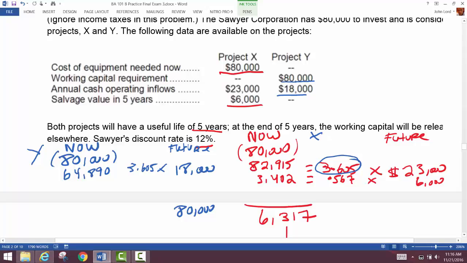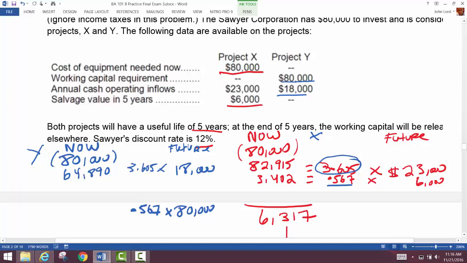Just one payment, so I have to go to the present value of the dollars, sort of like the salvage value coming back, isn't it? So I go back to that same table, and remember it was what? It was 0.567. Do I have to go back to the table to show you how I got that again? Right, there's just a one-time payment that comes back, 0.567.